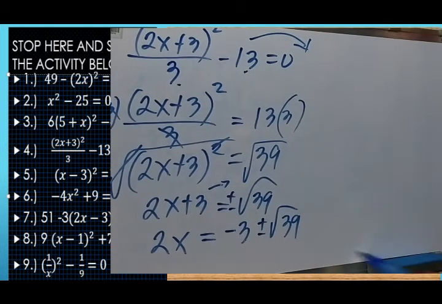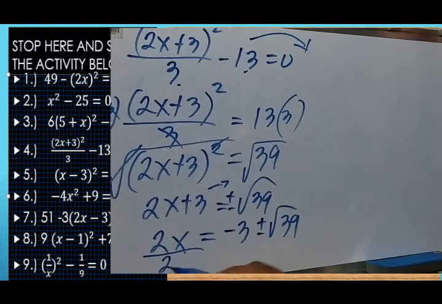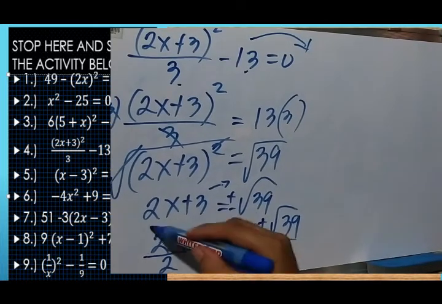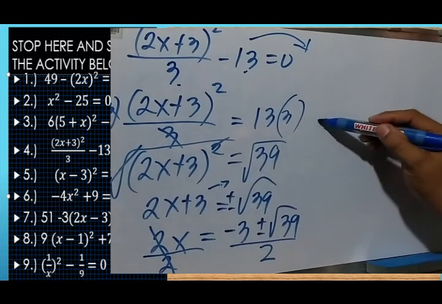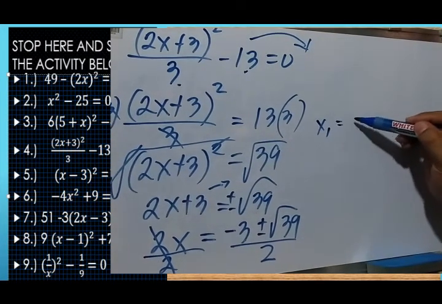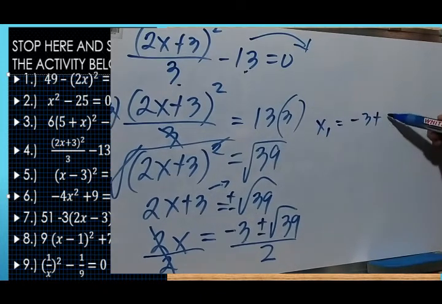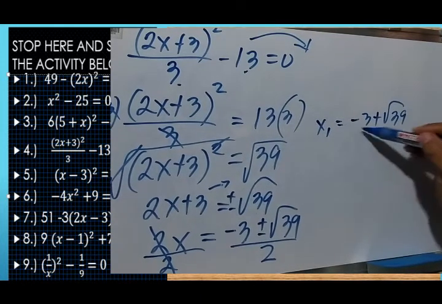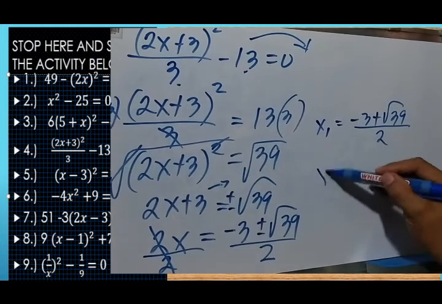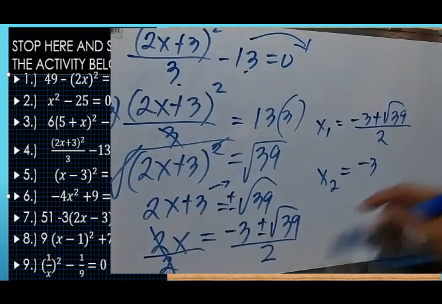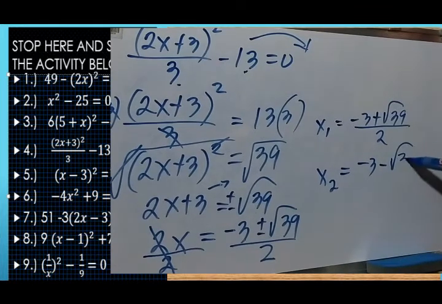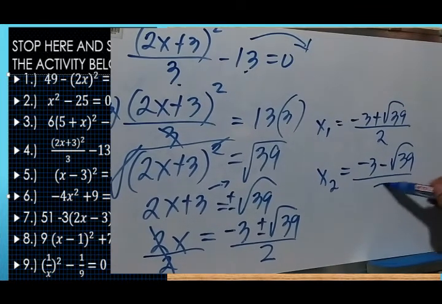So divide 2 on both sides to isolate x and to find the value of x. So we now have x sub 1 is equal to negative 3 plus square root of 39 over 2. And our x sub 2 is negative 3 minus square root of 39 over 2.